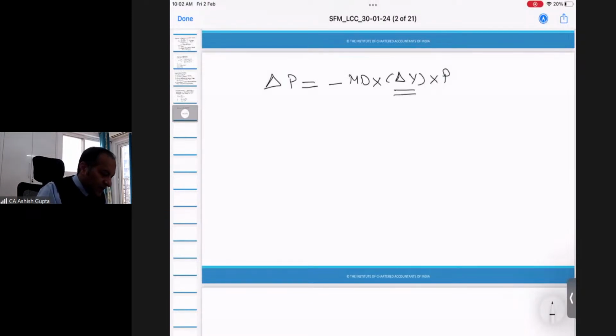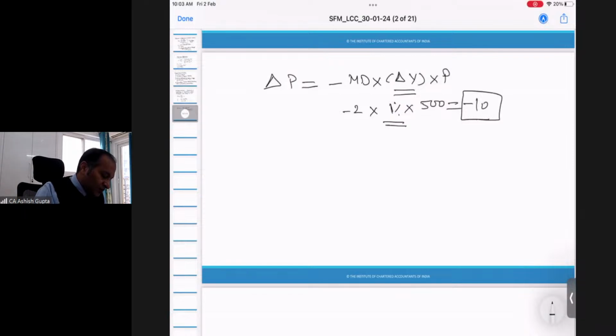For example, if modified duration is 2, change in YTM is 1%, and price is say 500, then if the yield is increasing, the change in price will be 500 into 1% into 2. It means if the yield is increasing by 1%, there will be a fall in the price by 10%.